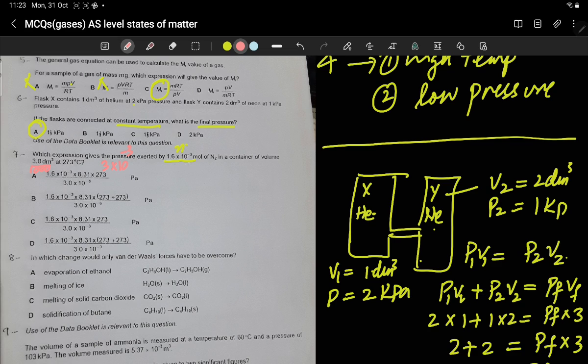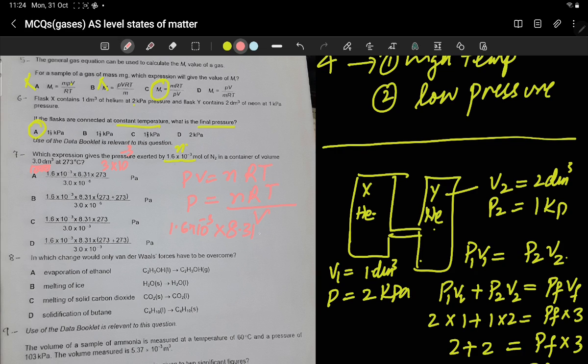Which expression gives the pressure exerted by the gas? We know that PV is equal to nRT, so pressure is equal to nRT over V. To get the pressure expression, n is equal to 1.6 × 10^-3 multiplied by R, 8.31, and temperature is 273 degrees centigrade.